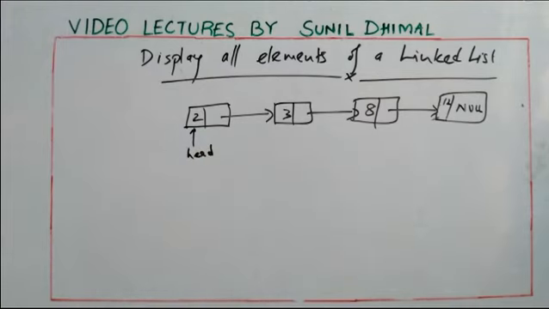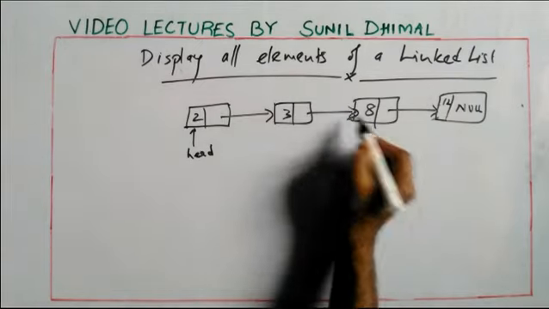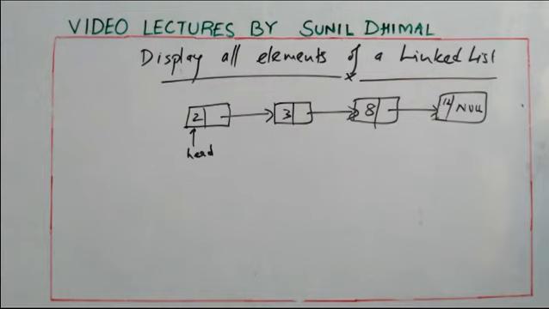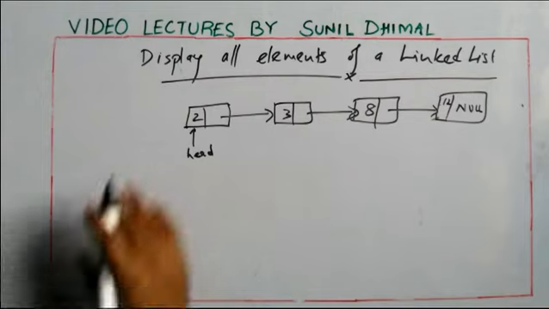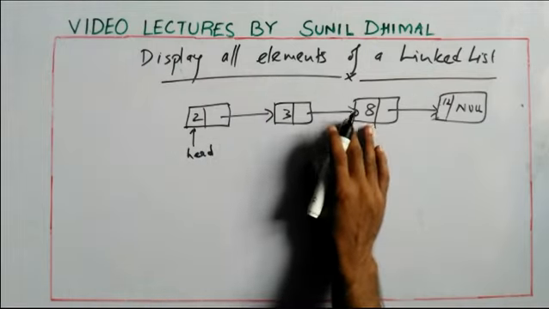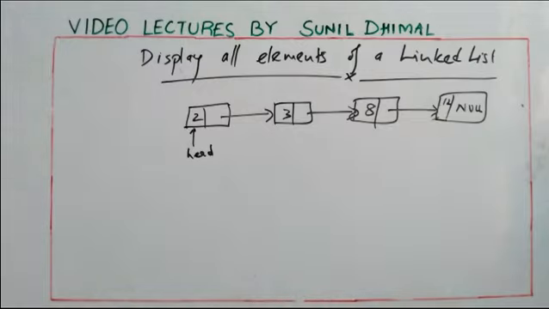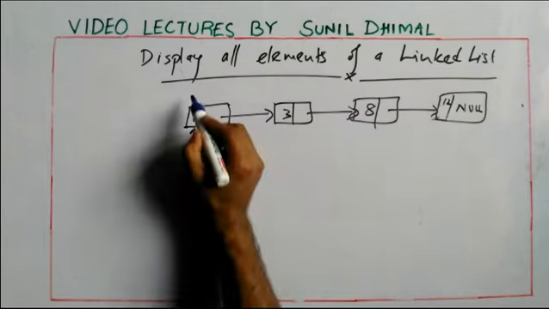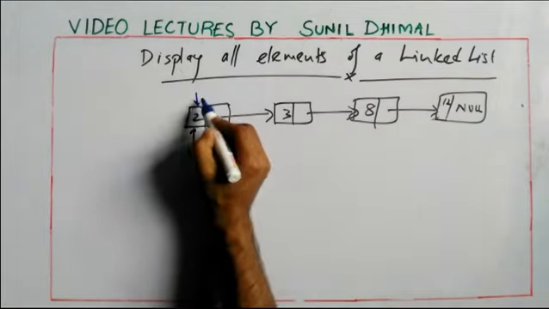Now, how do you print all the elements in the list? What I need to do is print 2, 3, 8 and 12. For doing this, first of all we'll make a new pointer called temp, which is pointing to the first node.